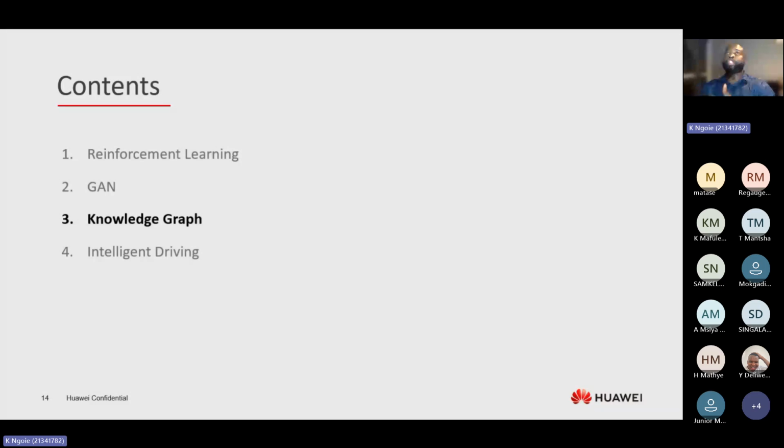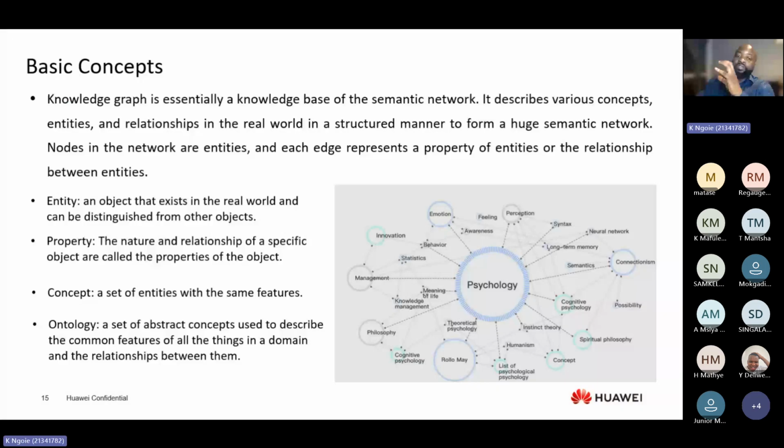As we said, the knowledge graph, what is a knowledge graph? Just think of it like a structured representation of any type of knowledge or any type of information, in the form of an entity, in the form of a certain relationship, right?